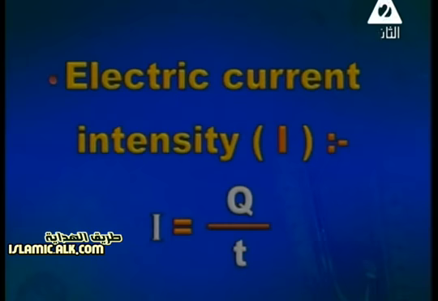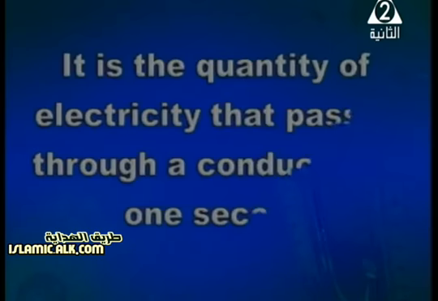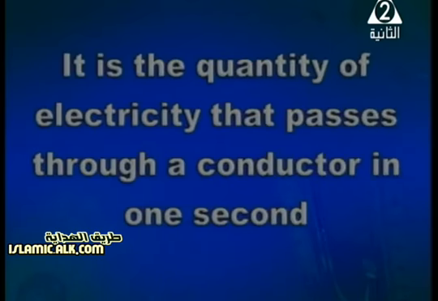Okay, now let's define it. Current intensity is the quantity of electricity that passes through a conductor in 1 second. Current intensity is measured in amperes.